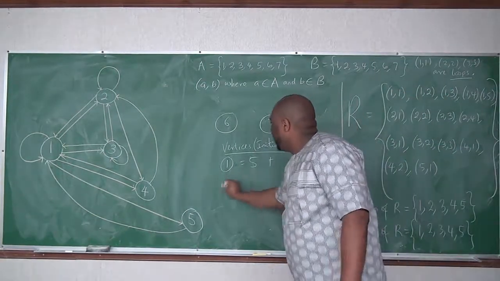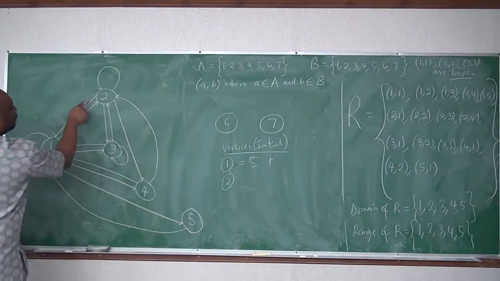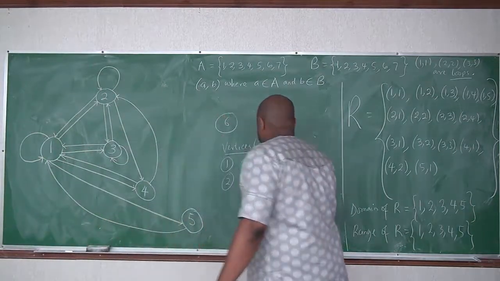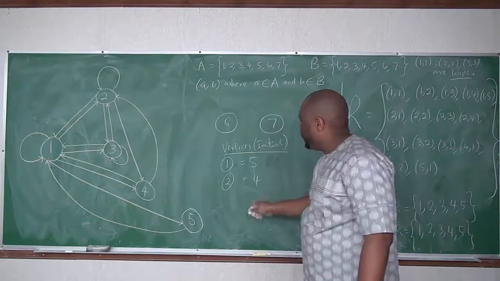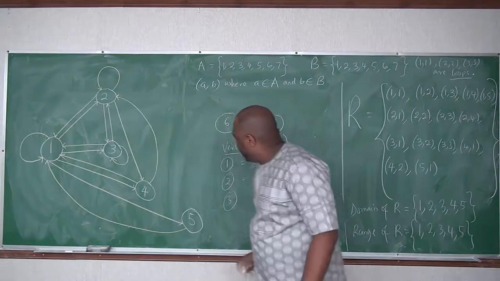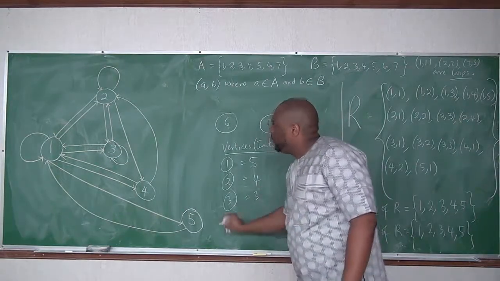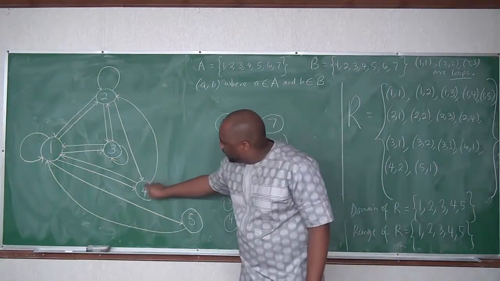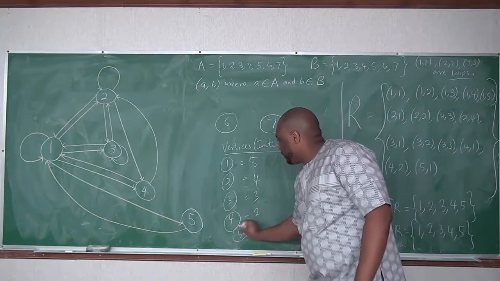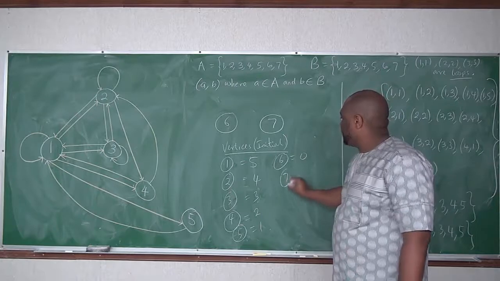Plus, we look at 2, we have 1, 2, 3, 4. That is 4. Later we add it up. Then we look at 3, we have 1, 2, 3. We look at 4, we have 1, 2. We look at 5, we have 1. Of course, 6 is 0, 7 is 0.